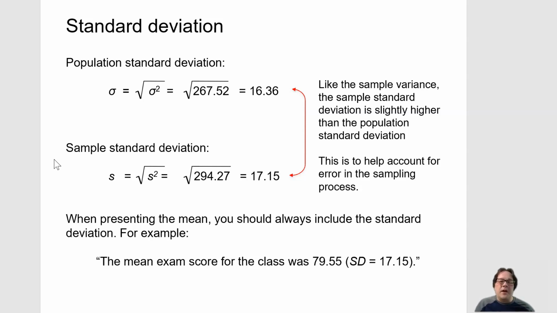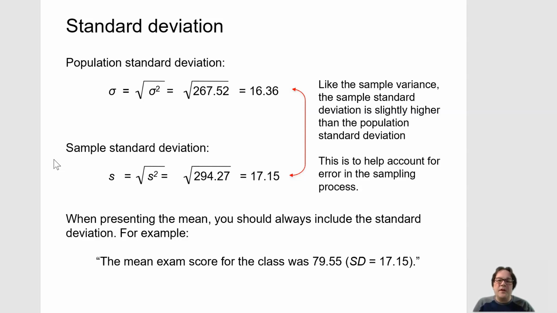So when we present a mean, we should always include the standard deviation as well. An example of this might be: the mean score for the class was 79.55, and then in parentheses SD, which denotes standard deviation, mostly in publications when we write our results in APA format. So our mean was 79.55 with a standard deviation of 17.15.